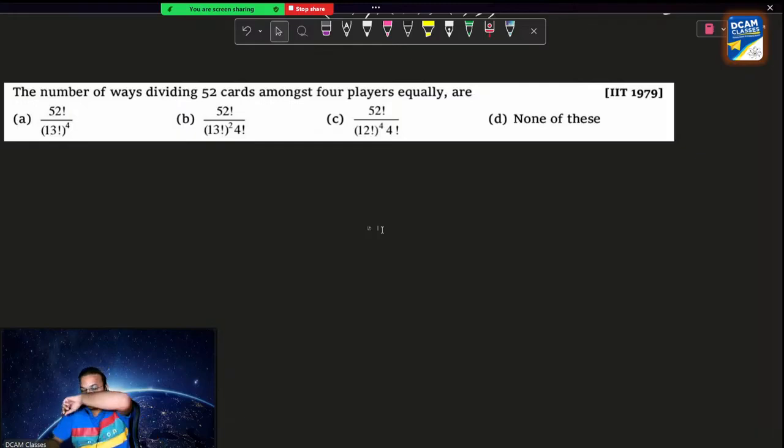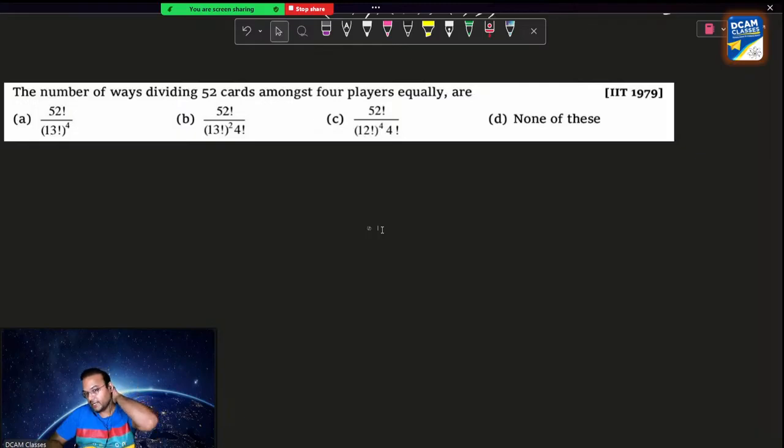When the groups are different, see, if you divide 52 cards into 4 groups, the groups that you make will be different. One will be of spade, one will be something else.